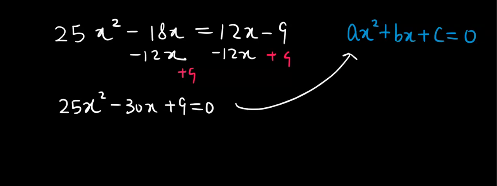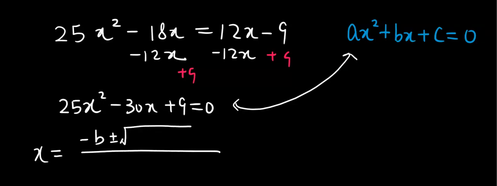You see, now that is the standard form we're looking for. Why do I want to do this? Because next, I will want to use the quadratic formula. Changing it into standard form just makes things easier for us, and also it's a necessary step.